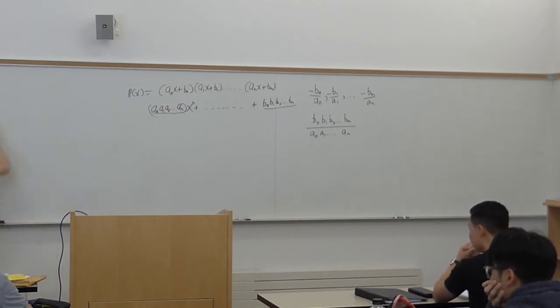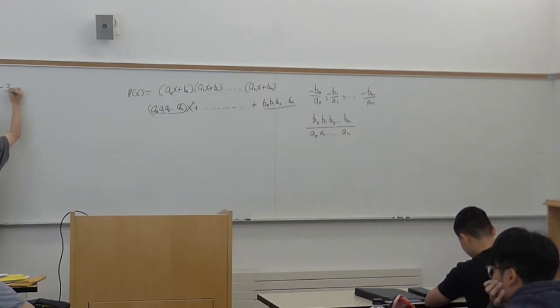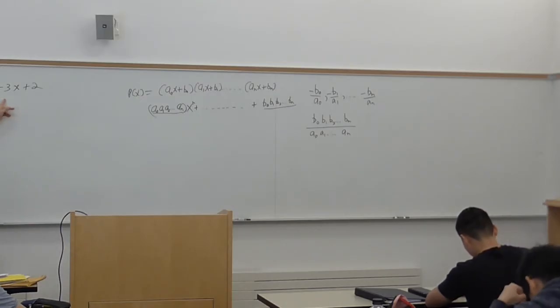P of x, the polynomial, is equal to x cubed minus 3x plus 2. And I want to know if there are any rational roots. This will have a real root.